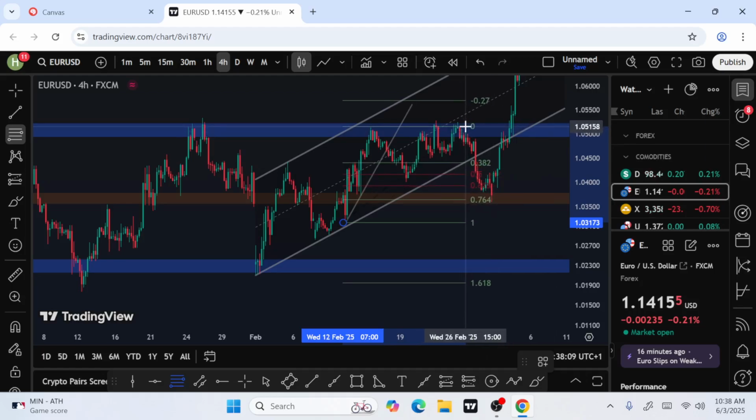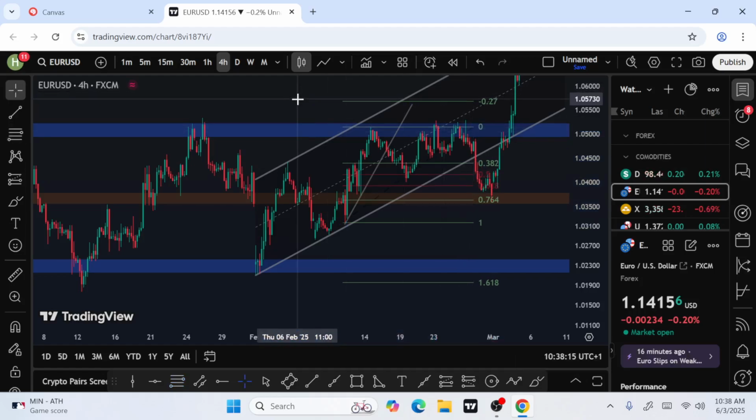Now, can you see the retracement? From this breakout, it came down to 50% and 61.8% fib level. Do you see that now?